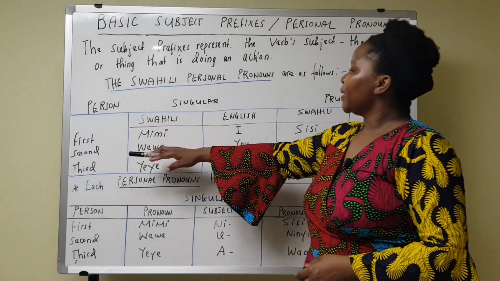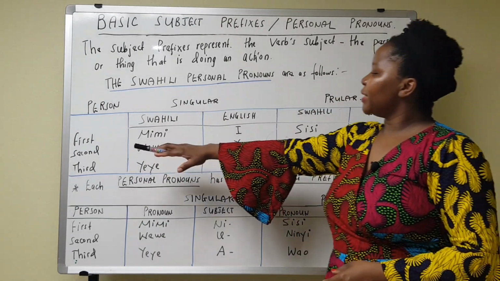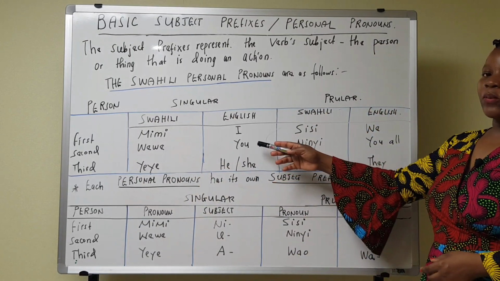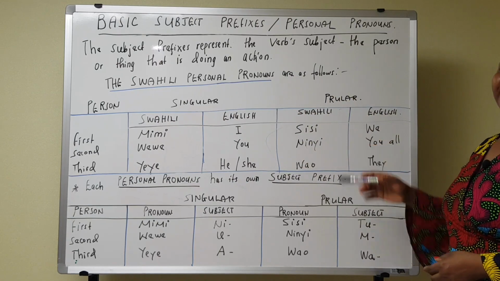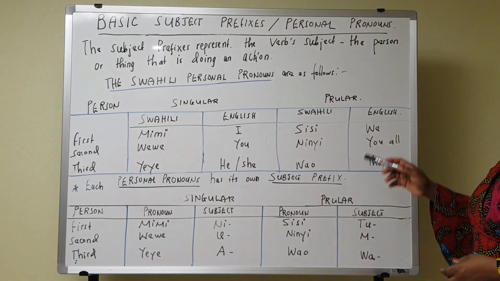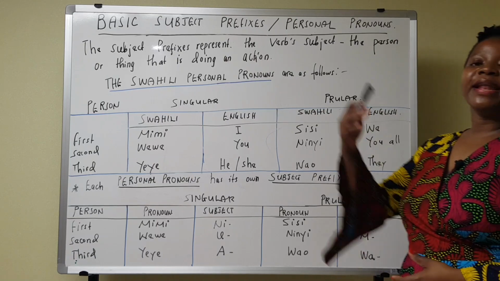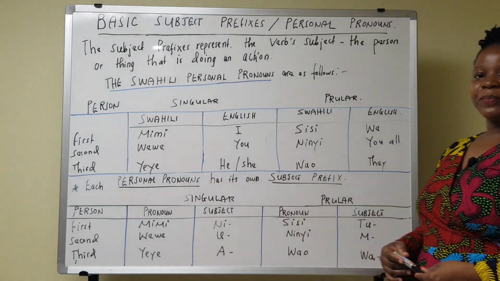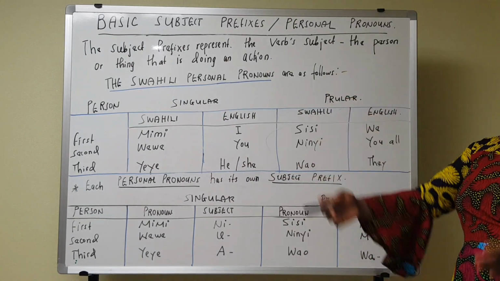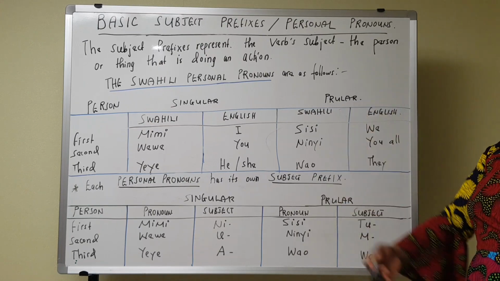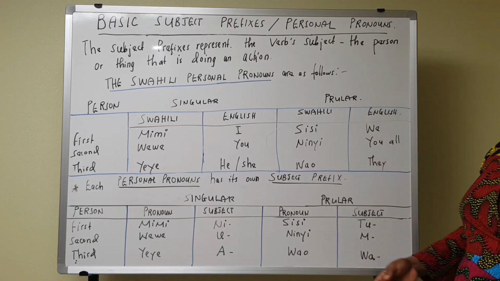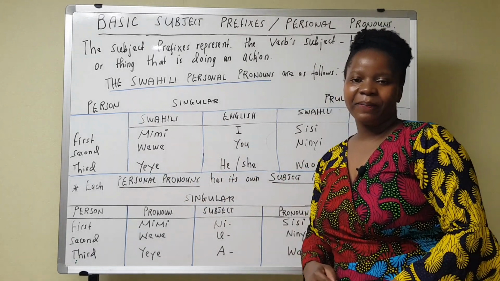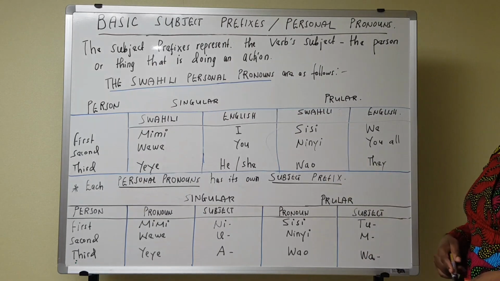In singular, we have Wewe, which is you, and in plural, we have Ninyi, which is you all. And the third person is Wao in plural form, which is they. In singular, we have Yeye, and in plural is Wao.